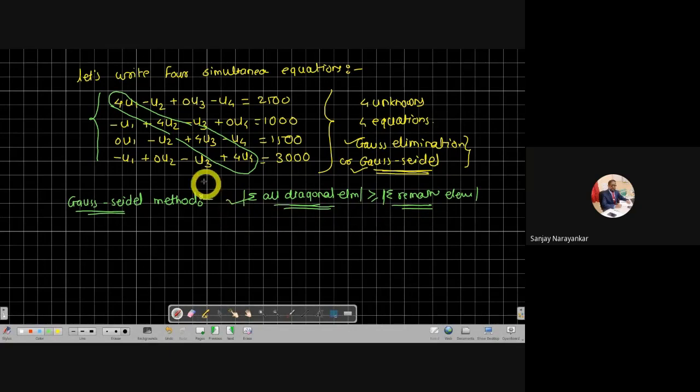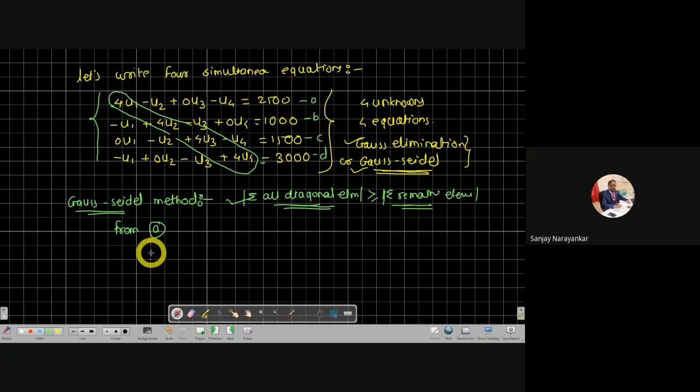Okay. So now in this case, equations 1, 2, 3, 4, the diagonal elements are maximum as compared to the others, right? So it is already in maxima diagonal. So using the equations, let us say equation A, equation B, equation C, equation D. I'll write from equation A for Gauss-Seidel.